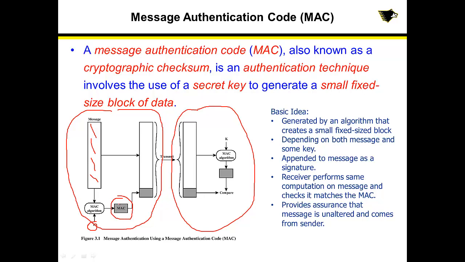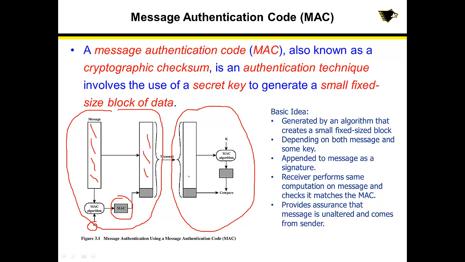This MAC value will be appended to the message. So when you send the message, you not just send the message itself, you also send the MAC value, together to the receiver.